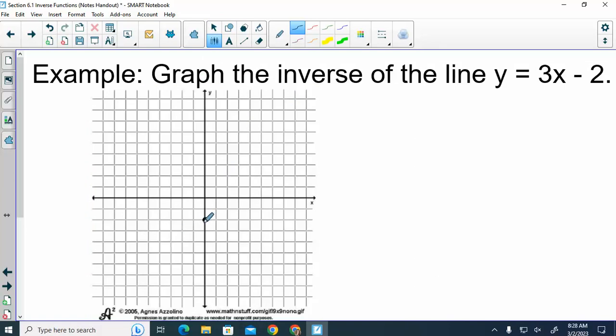And then my slope is 3, so up 3 over 1. You could do that a couple times if you needed more points. And so then you want the line connecting those. My line is not very good. So this is my original function.